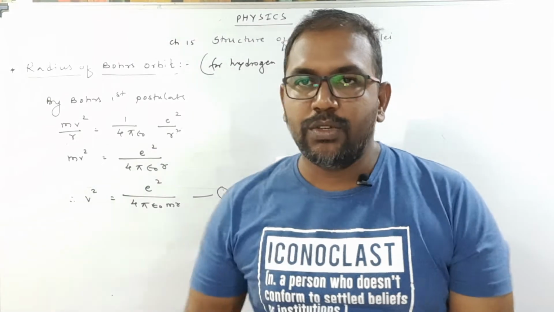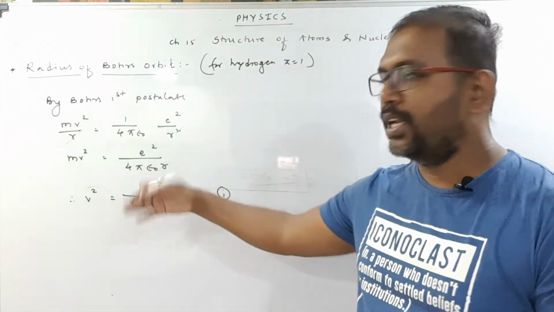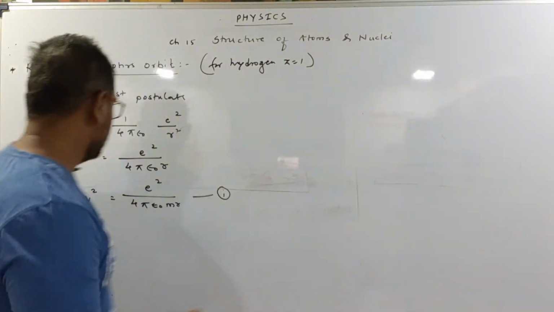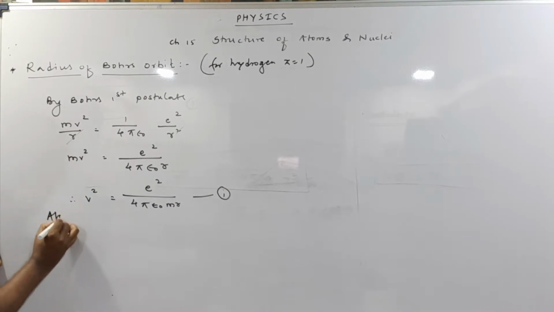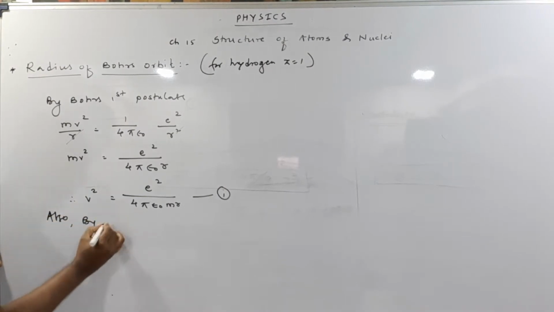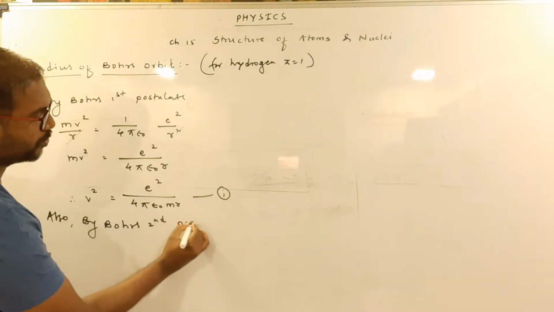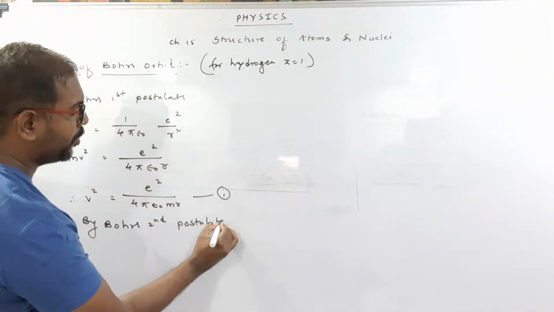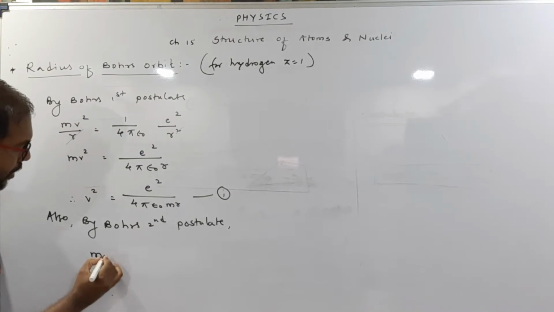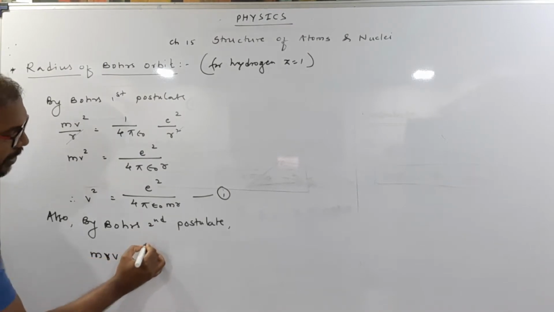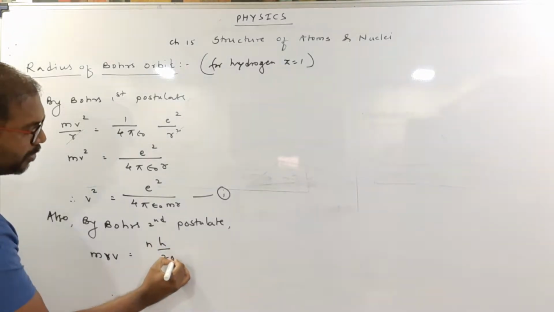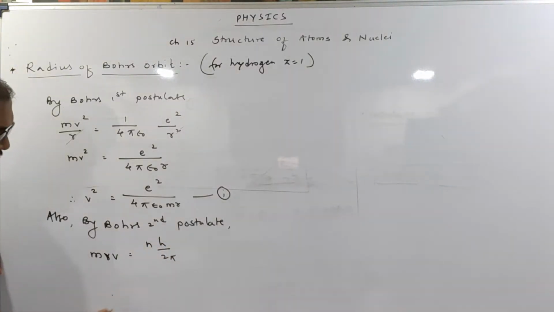In a similar manner we can use Bohr's second postulate and we obtain v square also. Second postulate is angular momentum m r v is equal to integral multiple of h upon 2 pi. Now I can write a formula of v by using that.